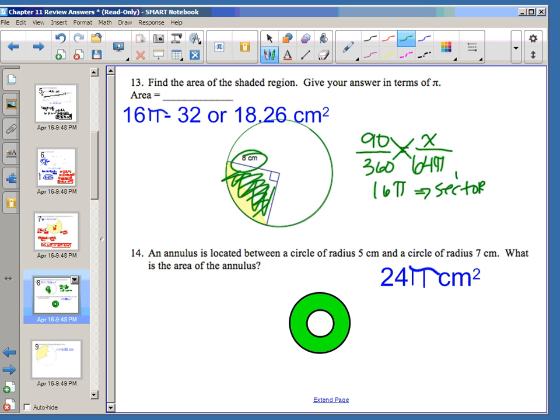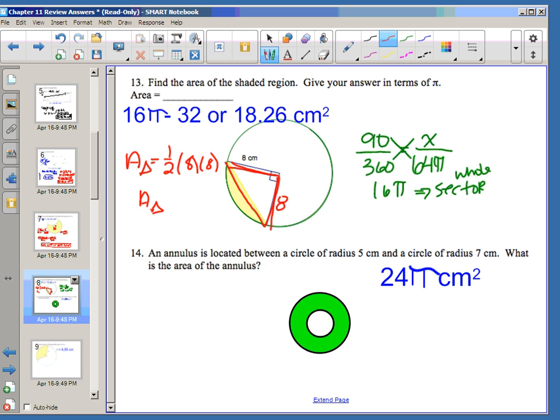The whole sector. Right? But what we're really looking at is the sector, and we're taking away a triangle. So my next task is to find the area of the triangle. It's going to be 1/2, and since this is a radius, this is also a radius, so I get 8 times 8. And so my area of the triangle is 32. So I pretended first that this whole thing was shaded.